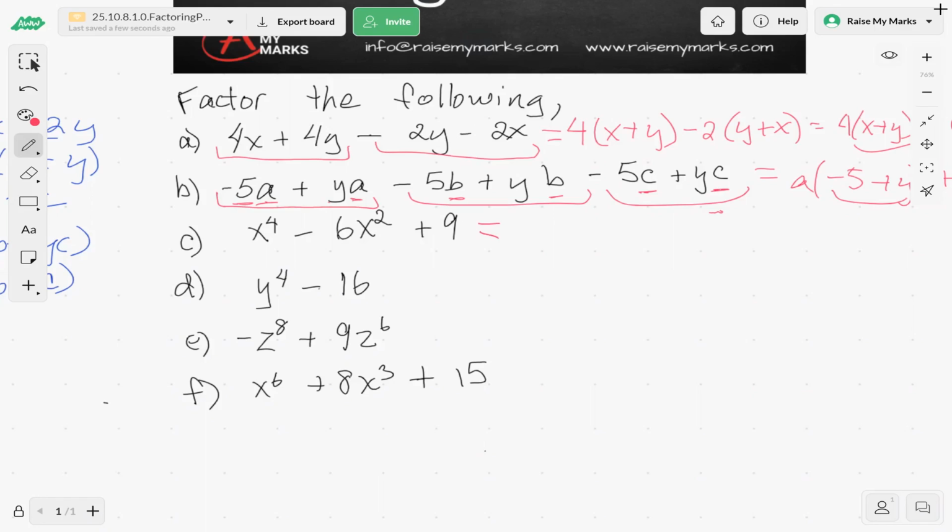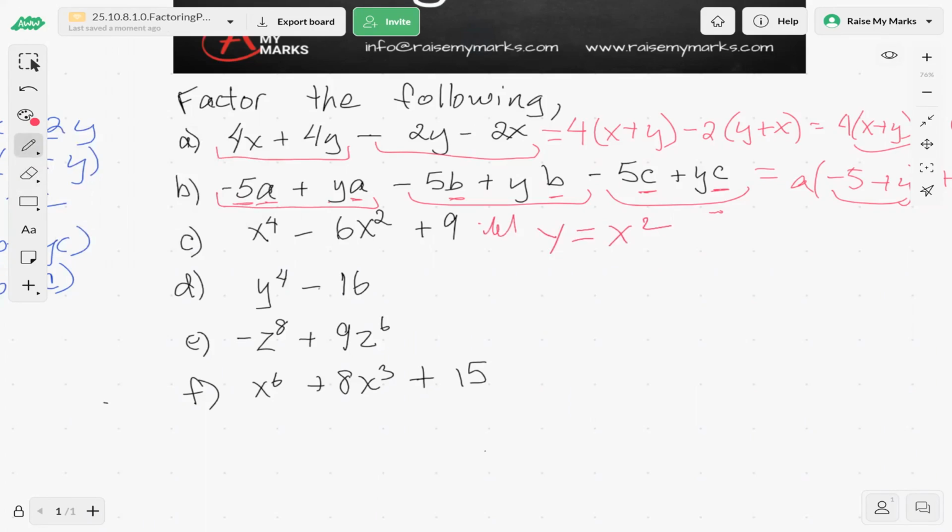x to the power 4 minus 6x squared plus 9. This actually looks like a quadratic in some ways, where our new variable is x squared.